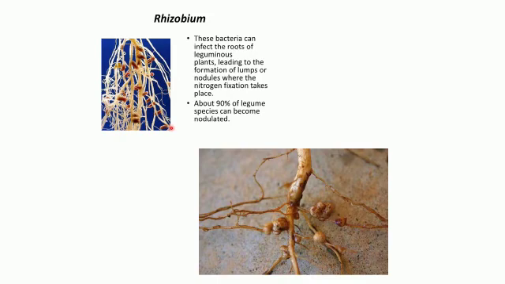Rhizobium is one bacteria, along with Azotobacter and Nostoc, that are present in the soil. What they do is they combine with nitrogen in the air and convert it into a nitrogen compound, the most common being ammonia. So nitrogen enters the food chain as a result of these microbes, which take it up from the air and convert it into ammonia, which is then taken up by the plants.